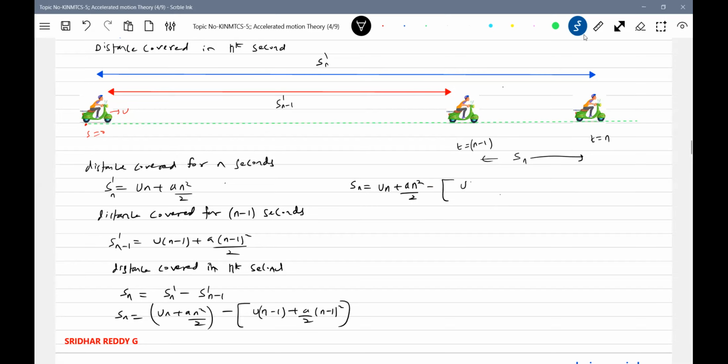This will be n square plus 1 minus 2n. So this will be minus un plus u, minus an square by 2, minus 1, this will be plus an by 2.